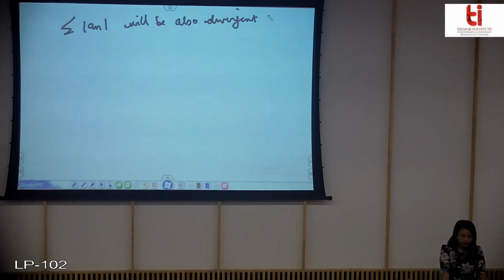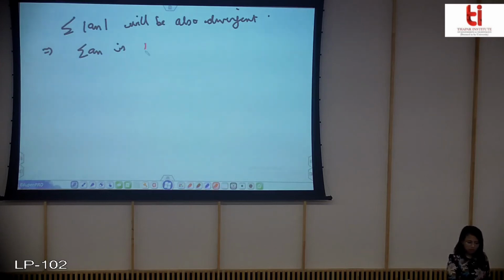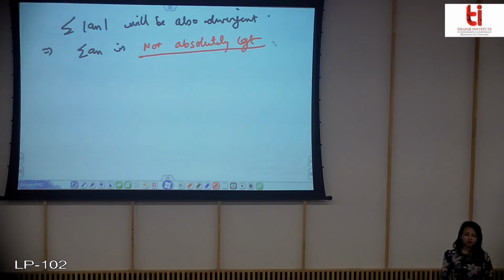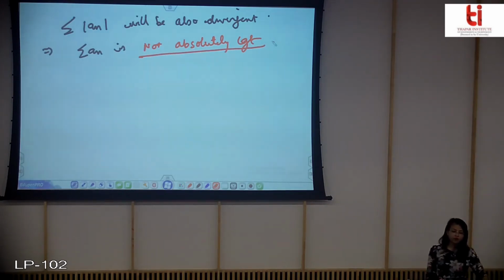So it is clear that mod of a_n is not convergent. So what can we say? That it is not absolutely convergent. So this implies that a_n is not absolutely convergent. Not absolutely. So we are sure, because mod is not convergent, so it is not absolutely convergent.